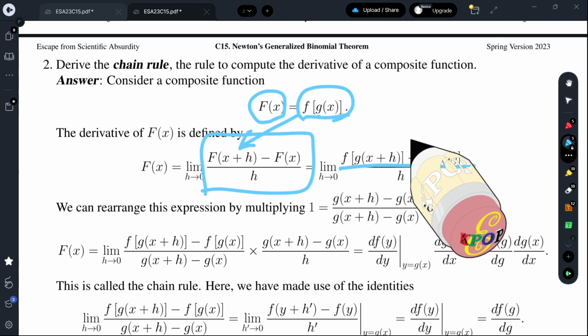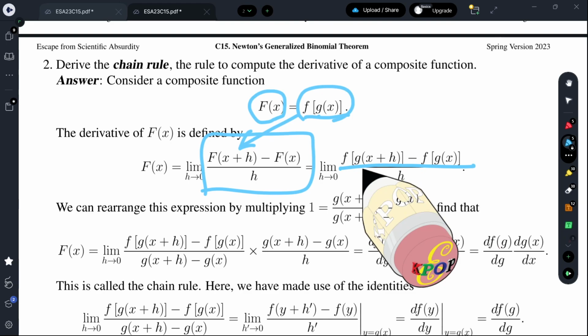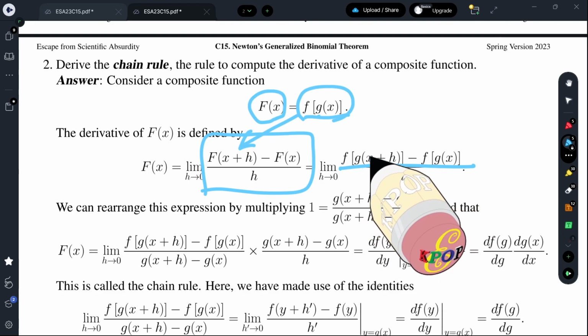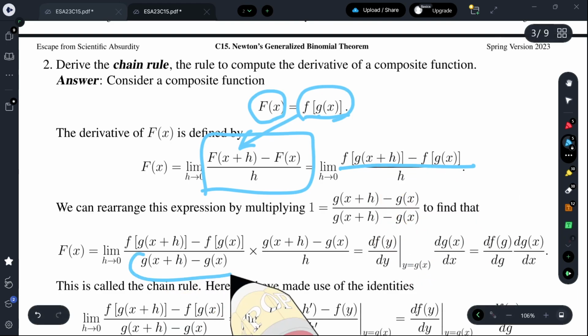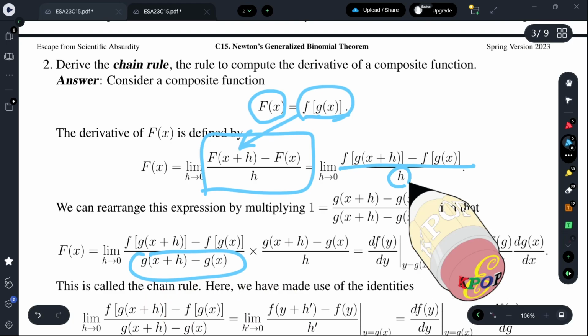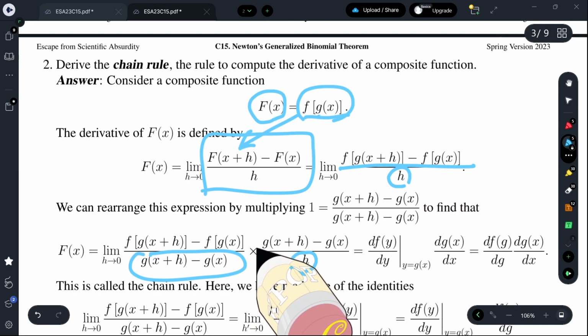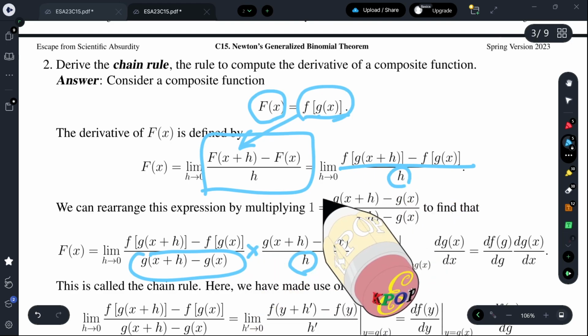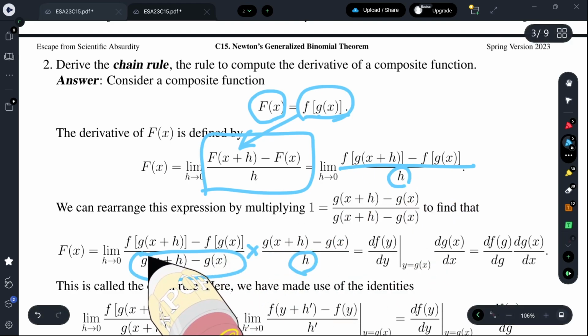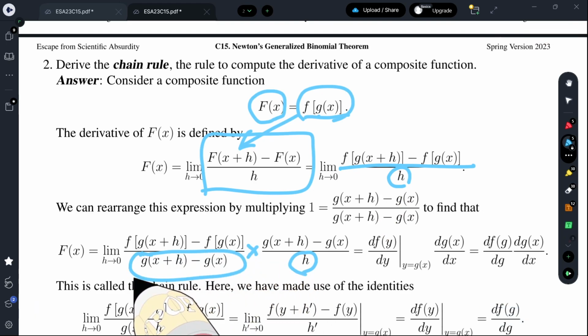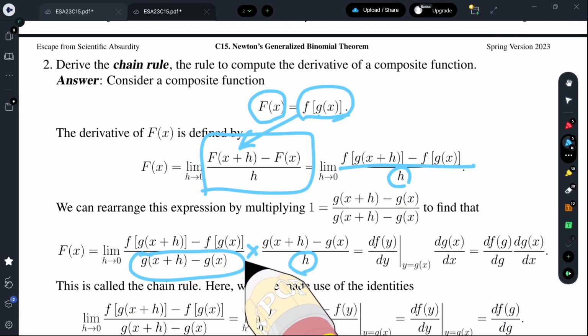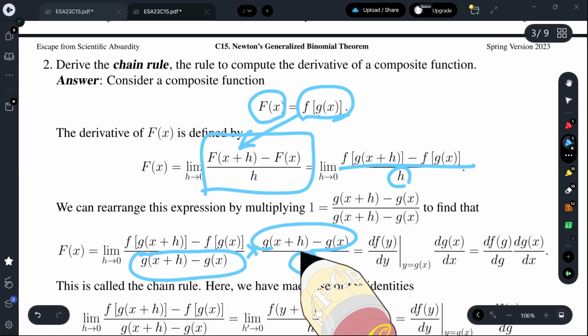So the derivative of small f can be evaluated by dividing this numerator by the difference of the arguments. The difference of arguments is this instead of h. So we just move this h in here, and because we intentionally multiplied this, we have to cancel this operation by multiplying by exactly the same factor in the numerator.